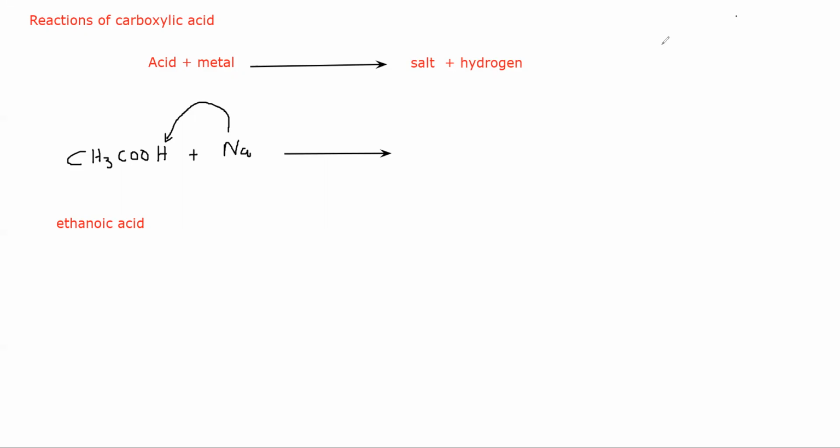So what will be the product? How you'll identify? Because you want to write a formula for a compound which contains CH3COO and Na. Any kind of carboxylate ion will have a valency of -1 and sodium is +1. So when you cross multiply these valency, because it's 1, the formula for sodium ethanoate will be CH3COONa plus hydrogen.